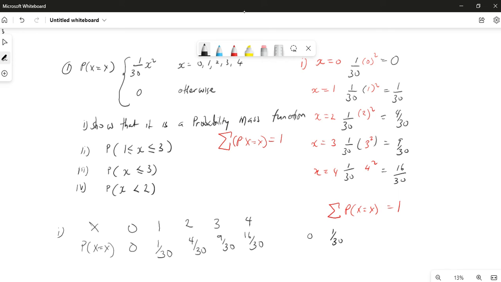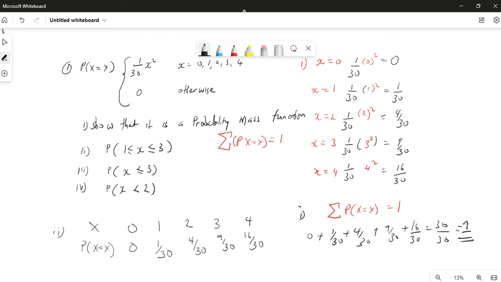In a formal way, you should show it like this: 0 plus 1 over 30 plus 4 over 30 plus 9 over 30 plus 16 over 30. That's how you formally show that it's a probability mass function.